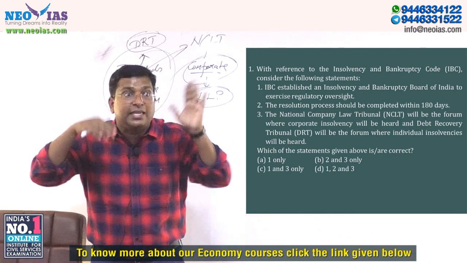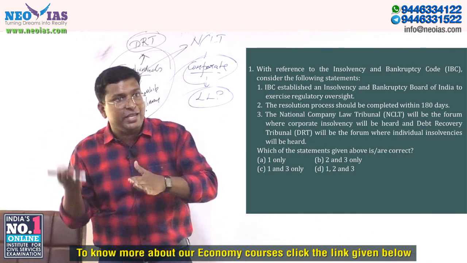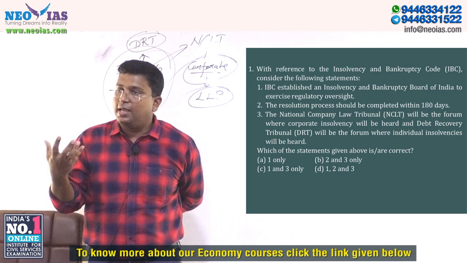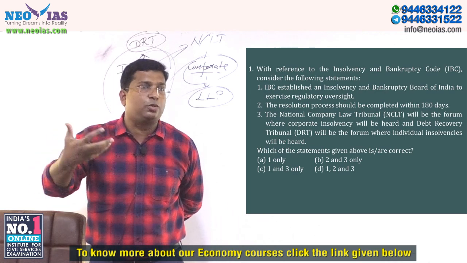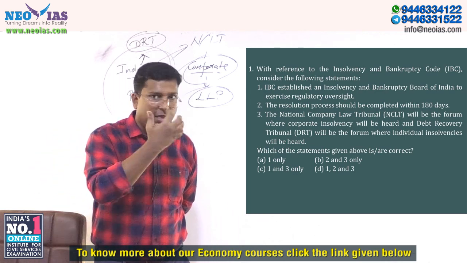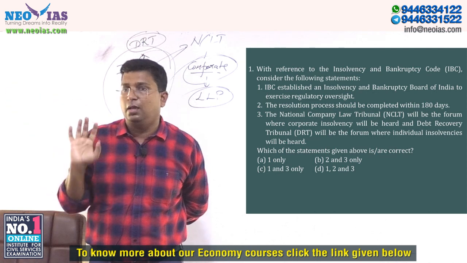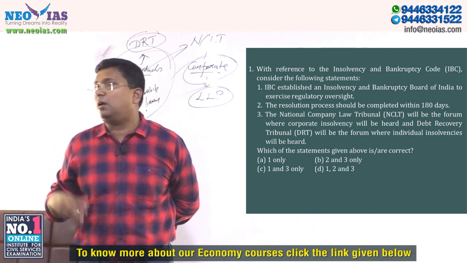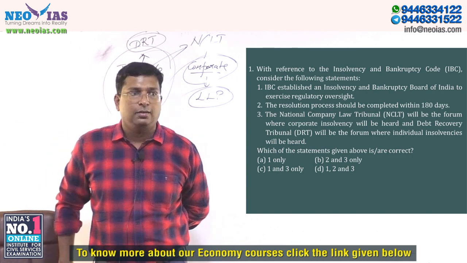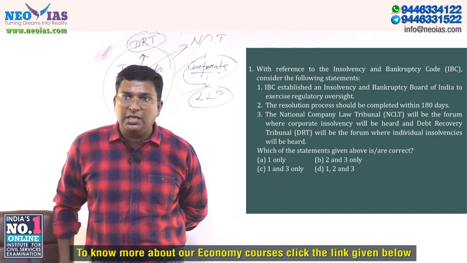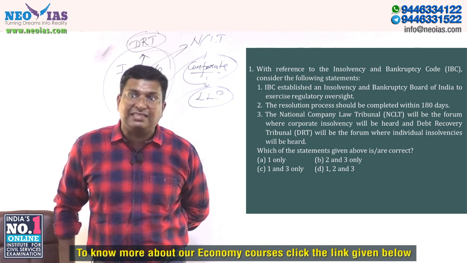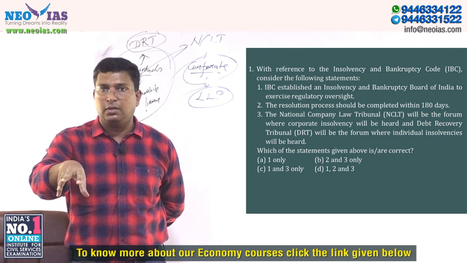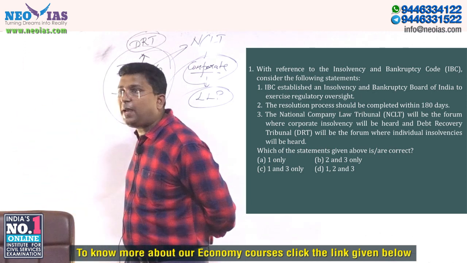There was a law, the Financial Resolution Bill, for financial companies, but because of a different issue regarding deposit insurance, the government decided to drop it. So as of now there is no bankruptcy code for financial companies, and the government is thinking of including financial companies in this bankruptcy code also.